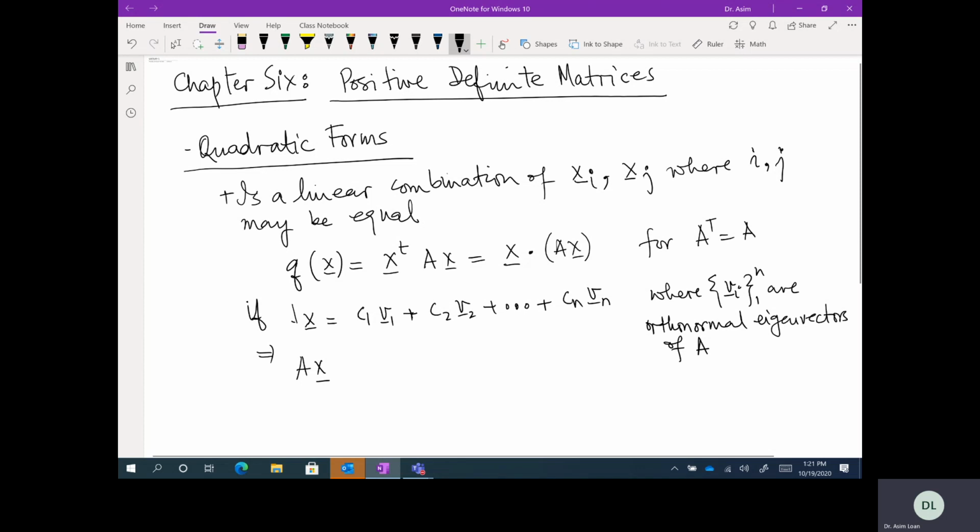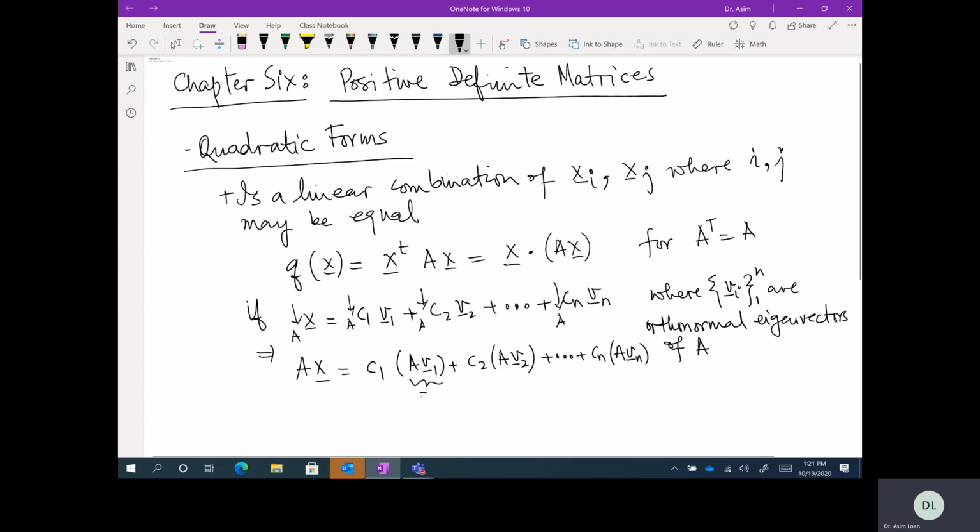So I multiply A over here, and I get C1 A times V1 plus C2 A times V2 plus so on plus Cn A times Vn.